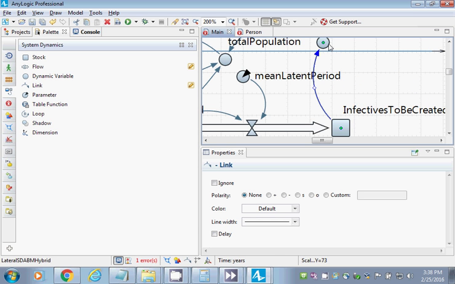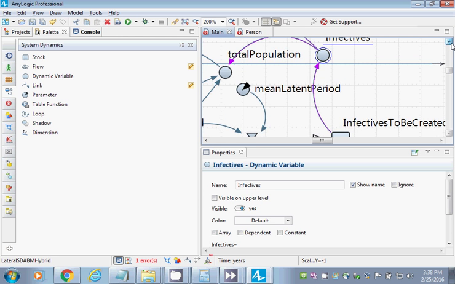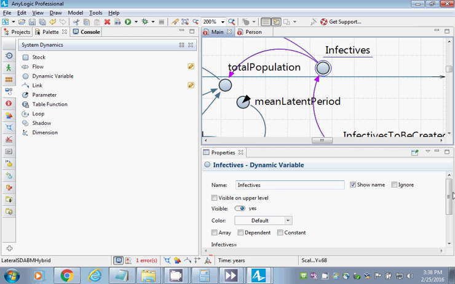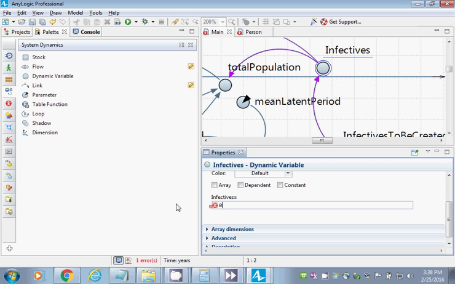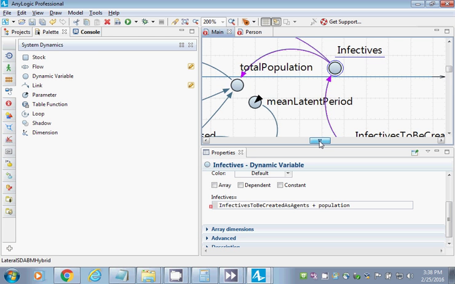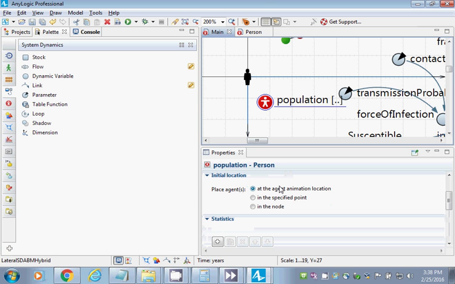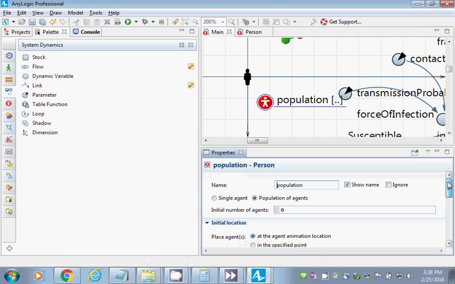Infectious population. And infectives is going to be the sum of infectives to be created as agents and infectious population dot size. Are we okay with that?